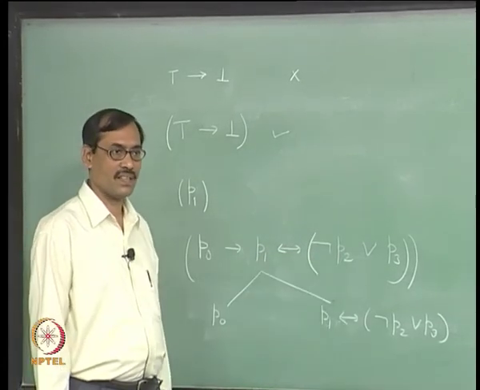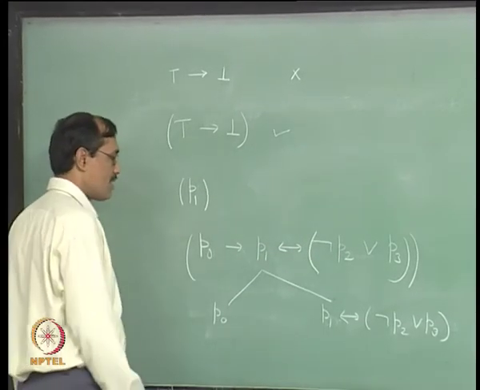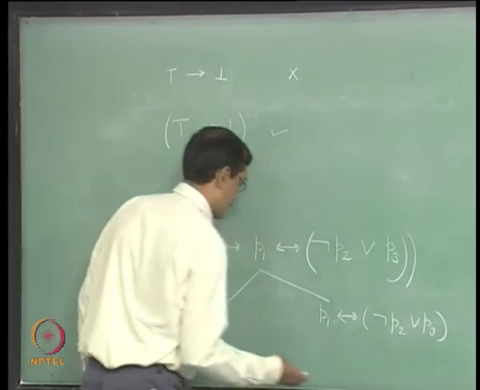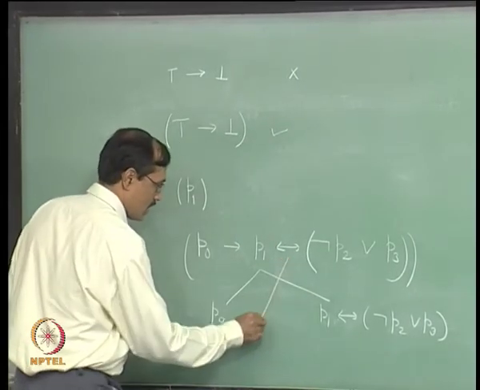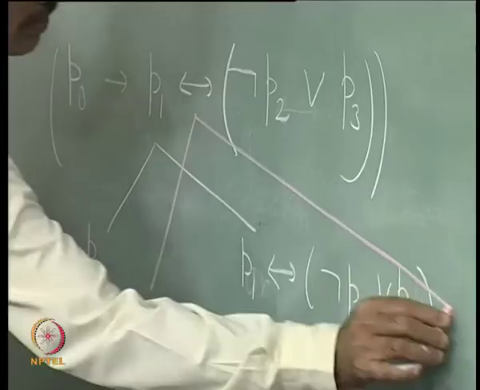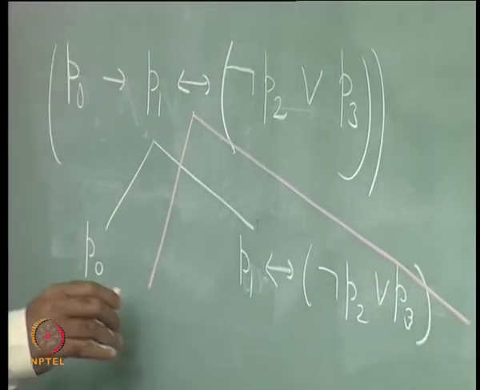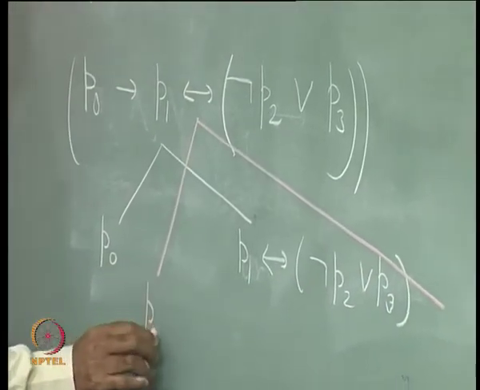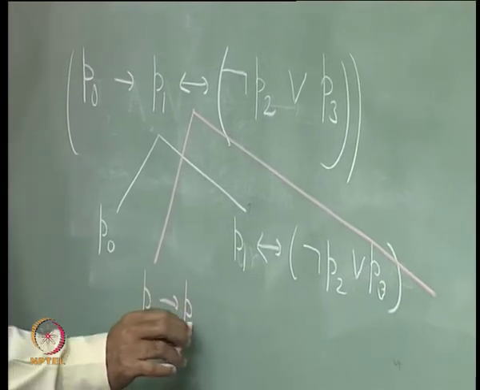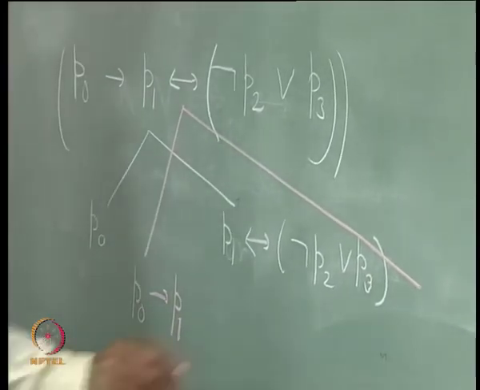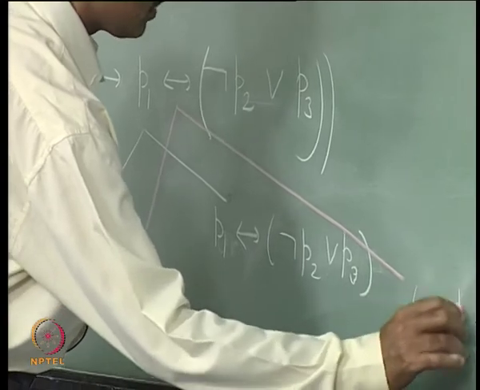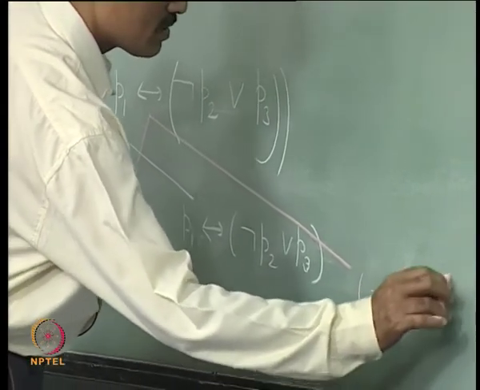Now if you had taken this one as the connective, you would have got a different tree. It would start this way, where one will be P0 implies P1, and the other one is, with parenthesis, not P2 or P3.